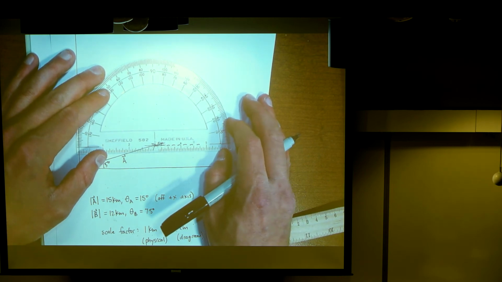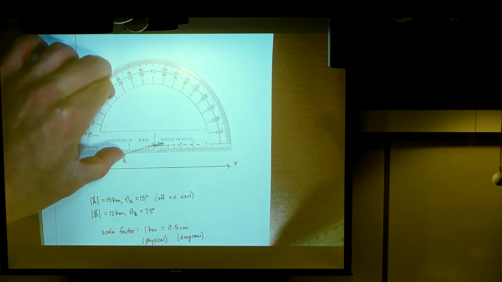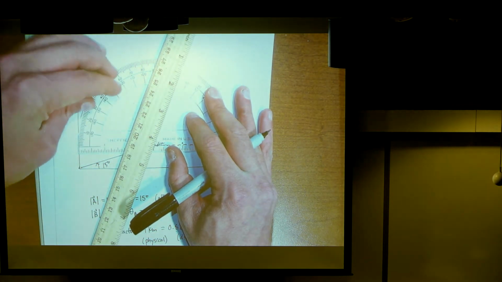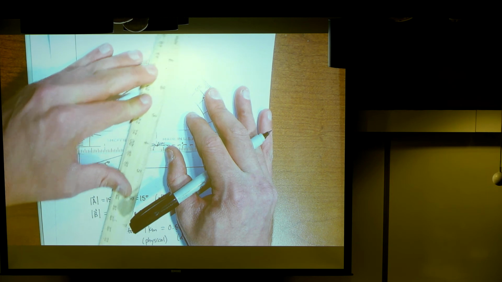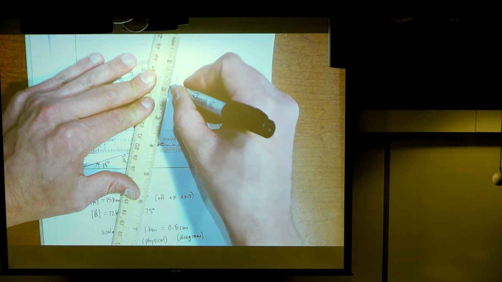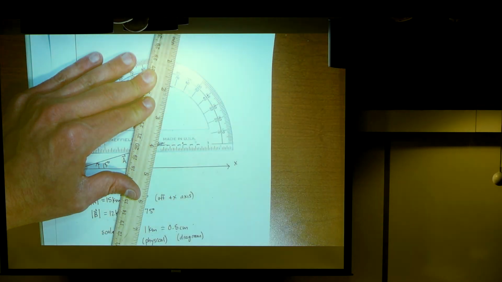Now in this case the angle is supposed to be 75 degrees, isn't it? Yes. Okay, so I'm going to measure out 75 degrees as best I can. This may not be perfect, but something like that, right?